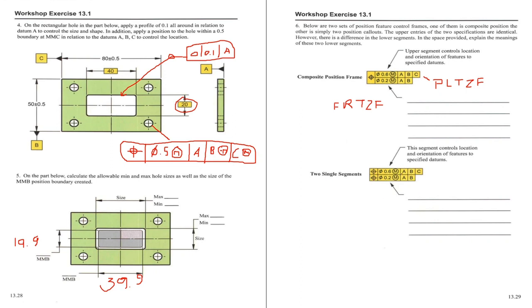And if we have two single segments of this DRF like this, then the upper segment controls the location and orientation, and the lower segment controls the rotation only, like perpendicularity, parallelism and angularity we can control with lower segments.